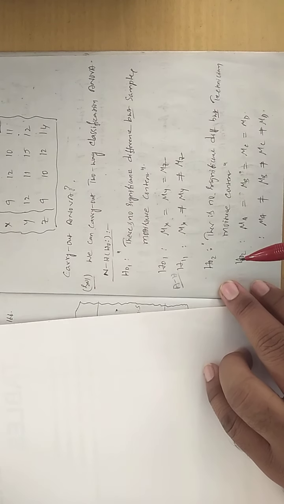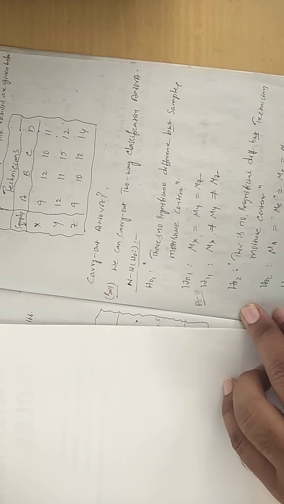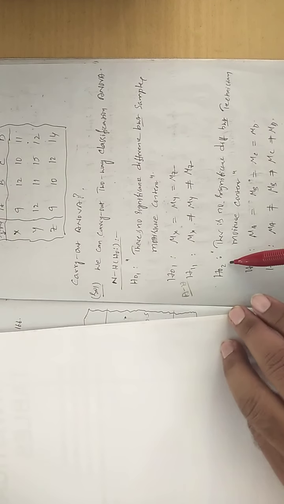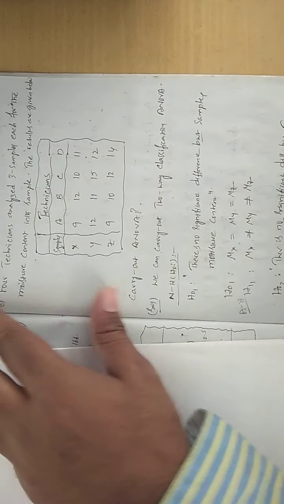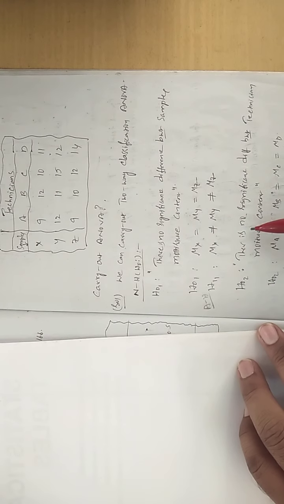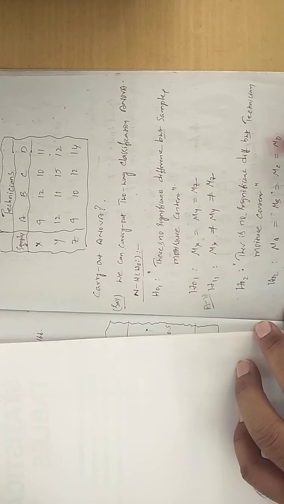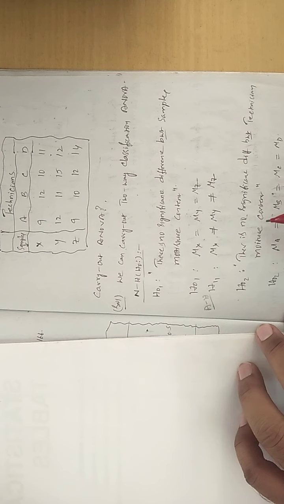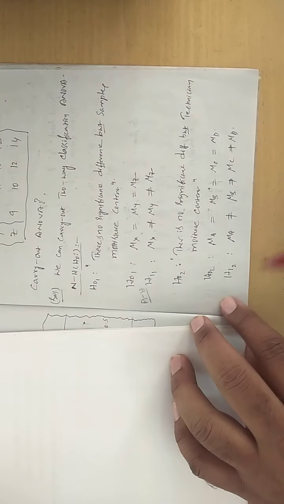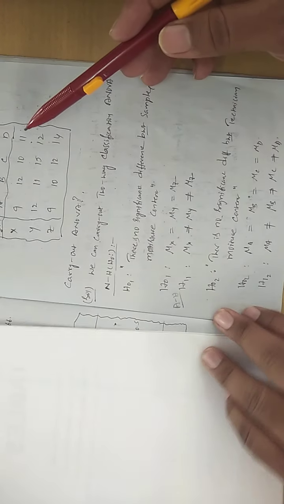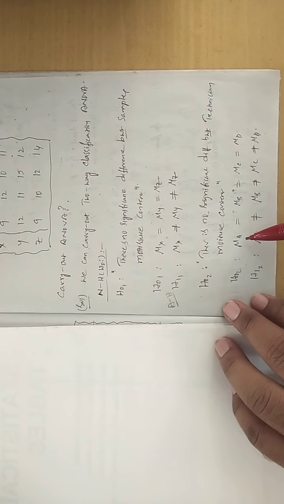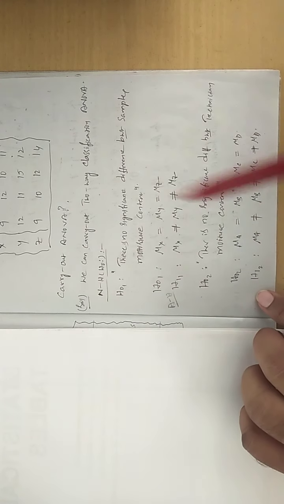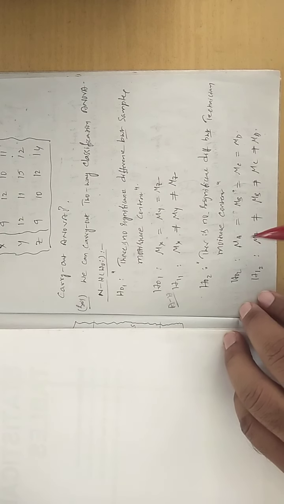Now come to the columns. H02: columns means who are there? Technicians. There is no significant difference between the technicians as far as the moisture content of the samples is concerned. So how many technicians are there? 4 technicians, A, B, C, D. If you want, you can write mu1, mu2 like that, but here I used the technicians' names directly.